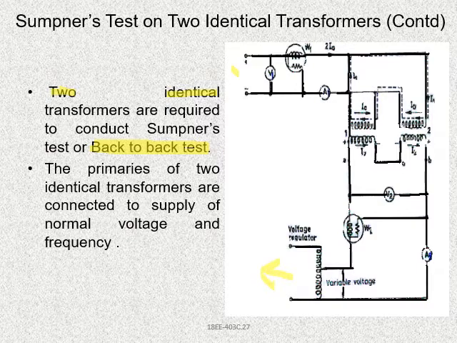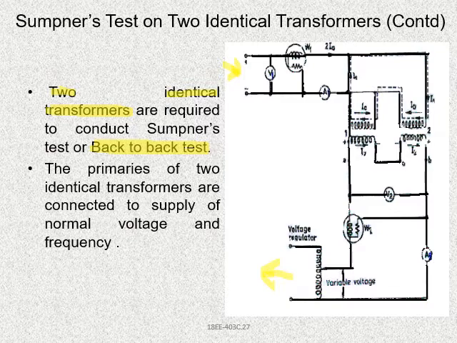So it is also called the back-to-back test. So it requires two identical transformers to conduct Sumpner's test or back-to-back test.